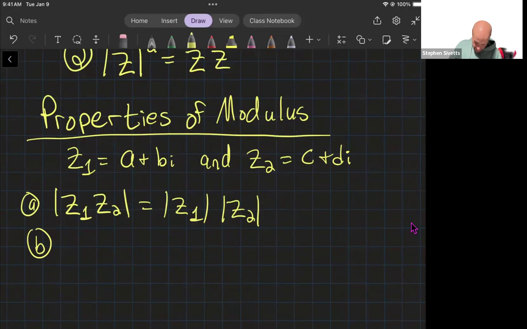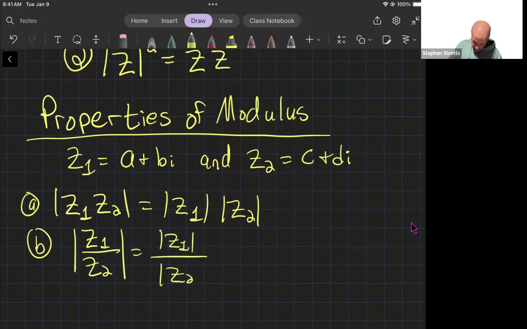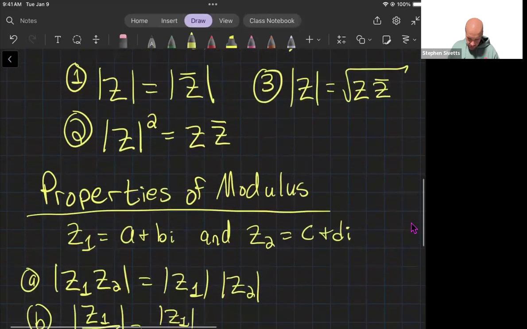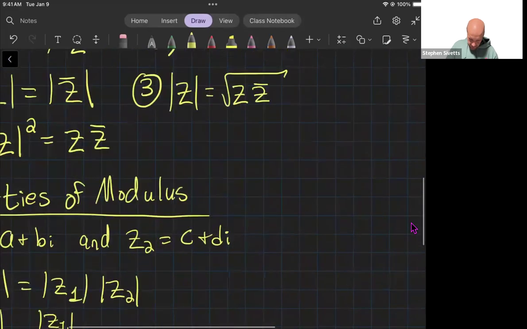And then the modulus of z1 divided by z2 is equal to the length of z1 divided by the length of z2. Also, these are similar to the conjugates.